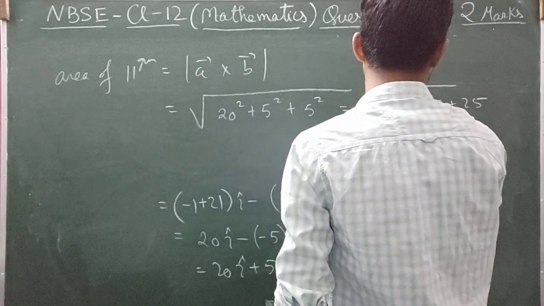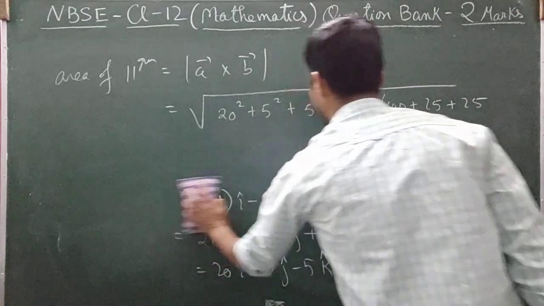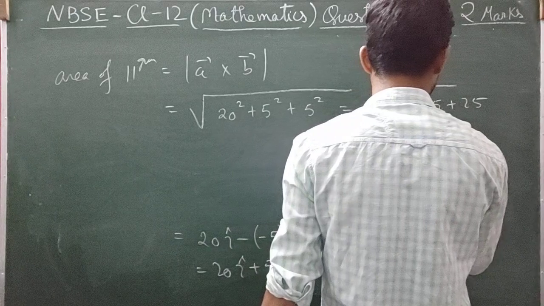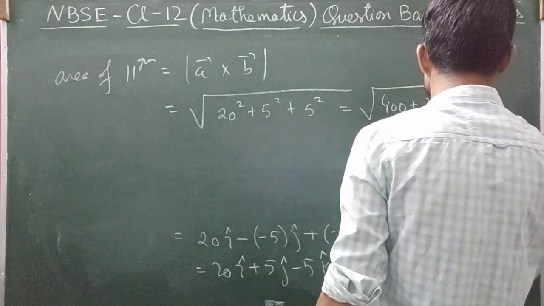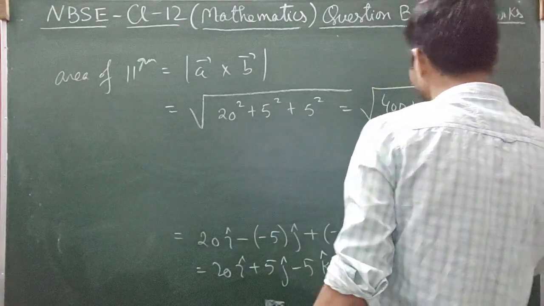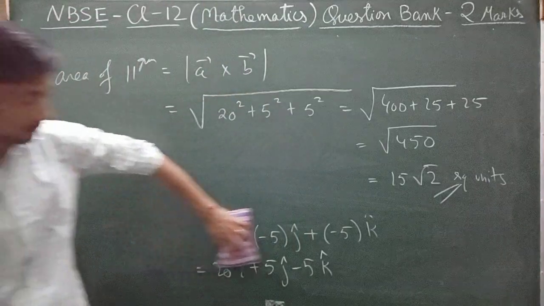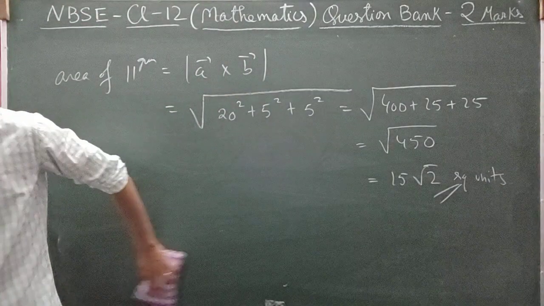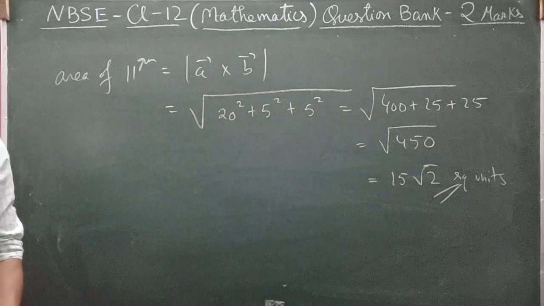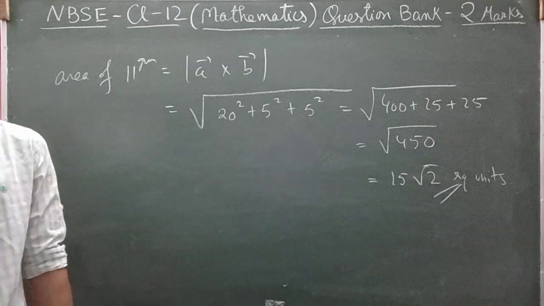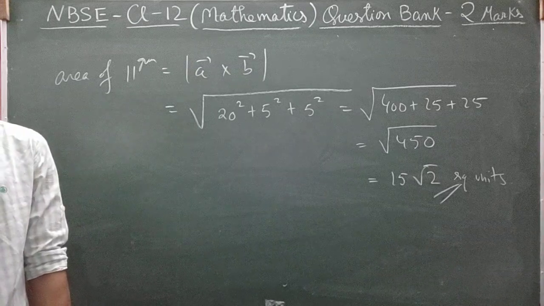So that's 450. So 450 to 50. So that's going to be 15 root of 2 square units. Alright? Okay, let's move on to the next question now then.